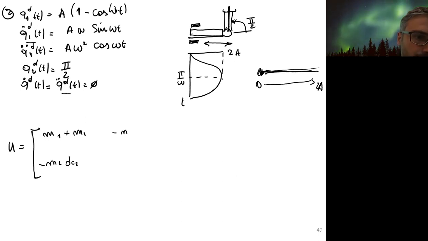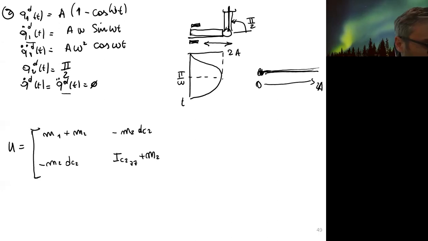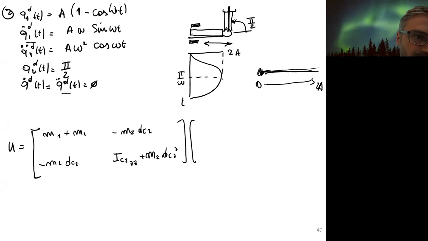We have m2 dc2 sine of Q2, which is 1, and then we have the EC2ZZ plus M2 DC2 squared multiplied by A omega squared cosine of omega t.